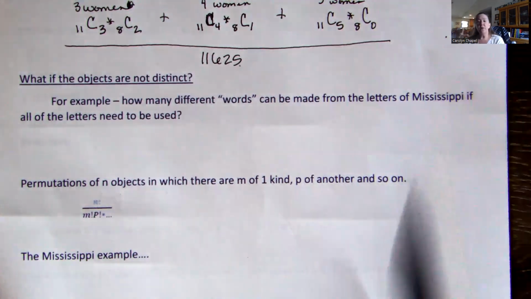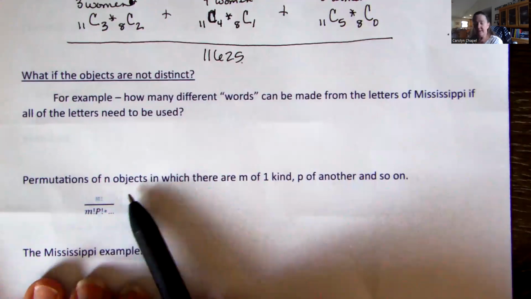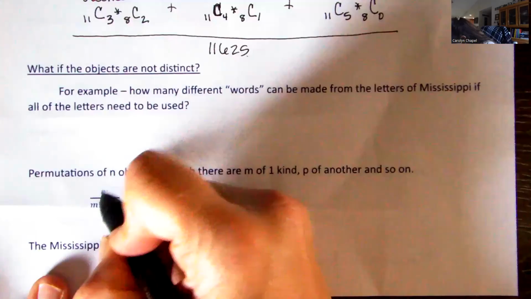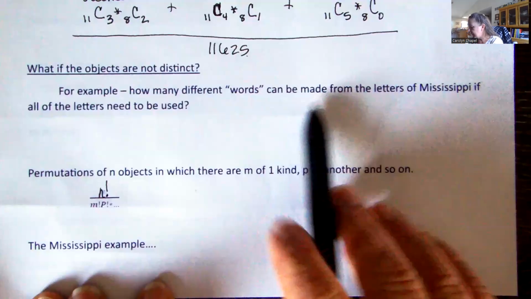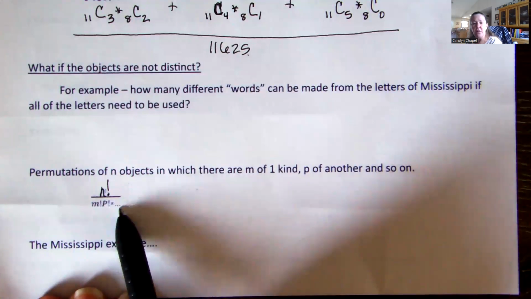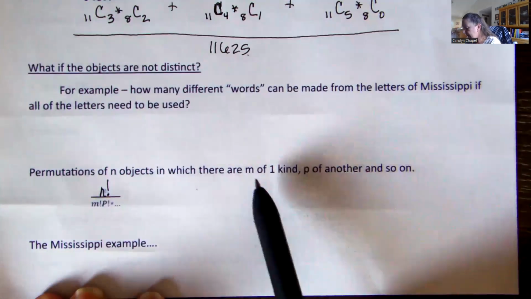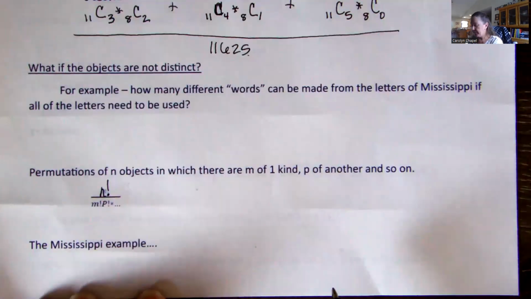How many ways can I rearrange those S's? So we have to take those repetitions out. The way to do that is we start with n factorial. That's the total number of letters that we're starting with. And here is us dividing out all the repetitions, if we have m of one kind, p of another kind, and so forth.